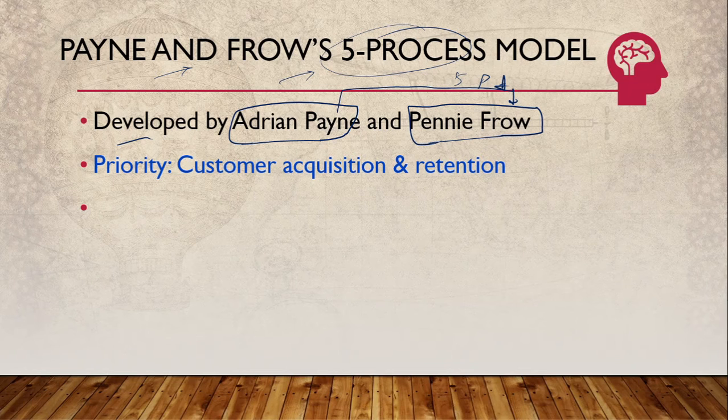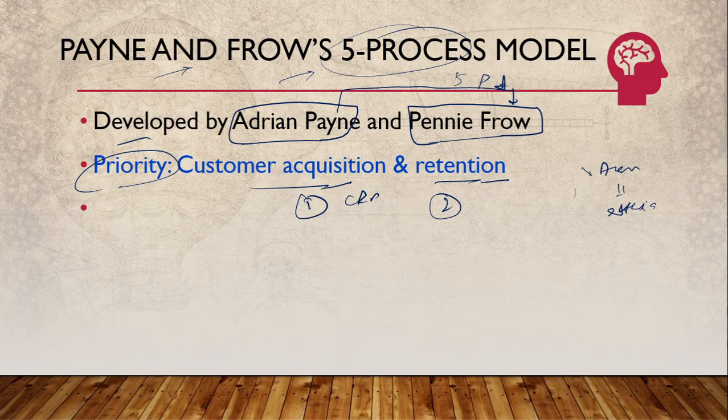The priority here is customer acquisition and retention. It says CRM should focus on acquiring the customers and then retaining them. Once you have acquired the customers and are able to retain them, that eventually leads to a good customer base, which also leads to customer profitability and business profitability.